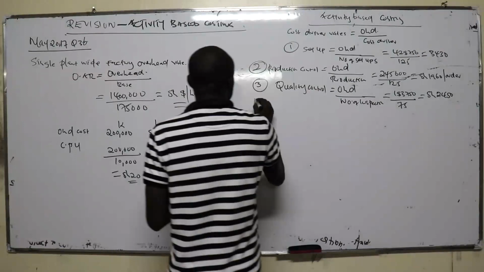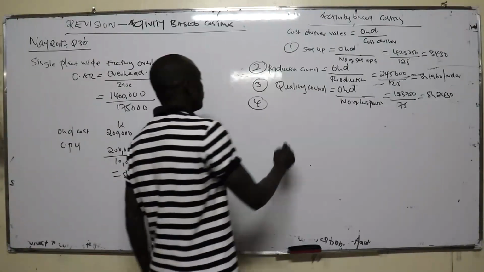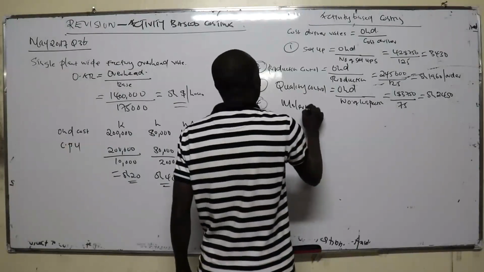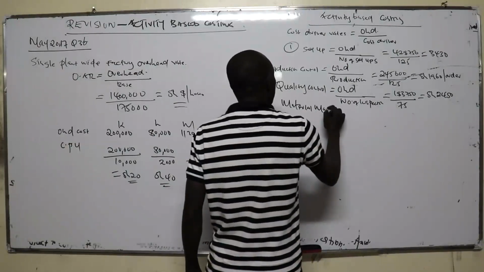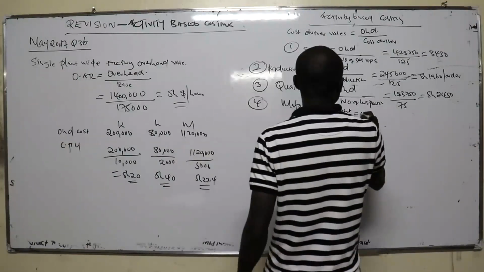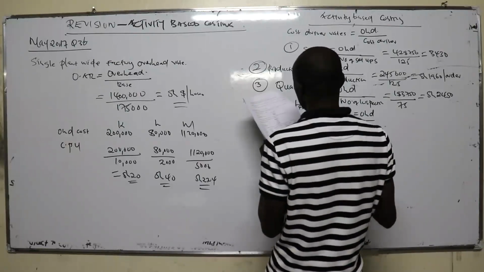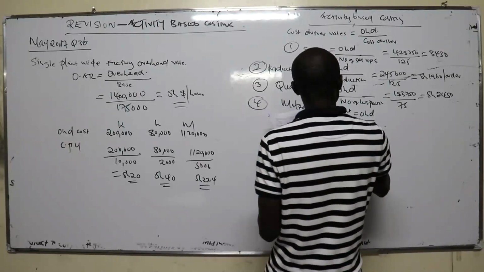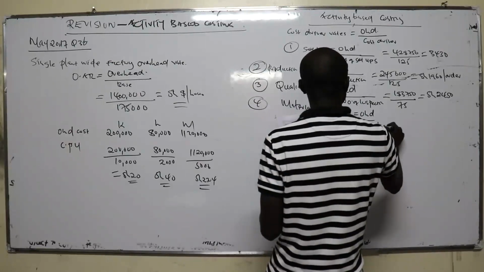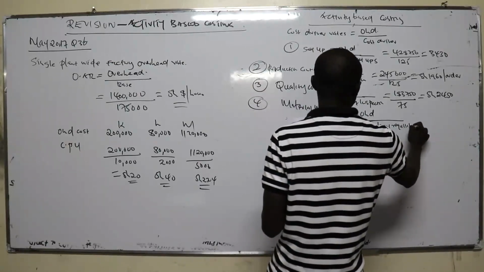Number four, we have material management. The formula is going to be overhead over the number of material requisitions.